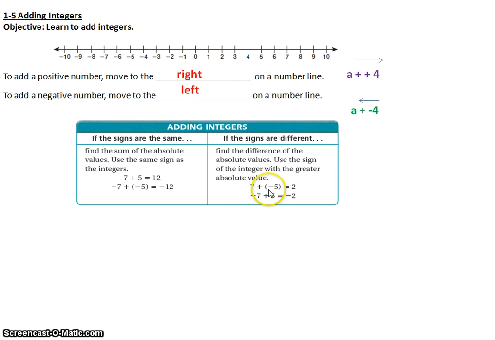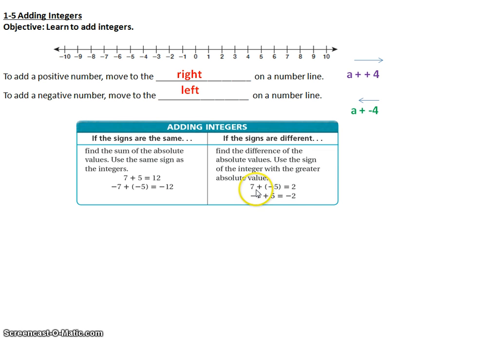Because they're different, we're going to find the difference of 7 and 5. The difference of 7 and 5 is 2. Now we are going to use the sign in our answer from the integer with the greater absolute value. So 7 and a negative 5. 7 has a greater absolute value than a negative 5. The 7 is positive, so our answer is going to be positive.